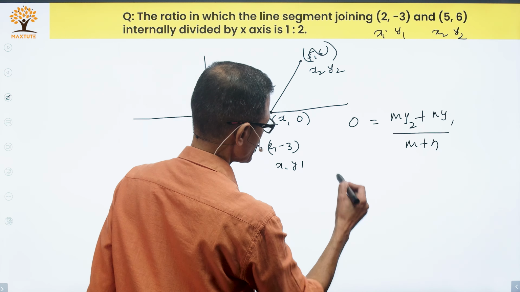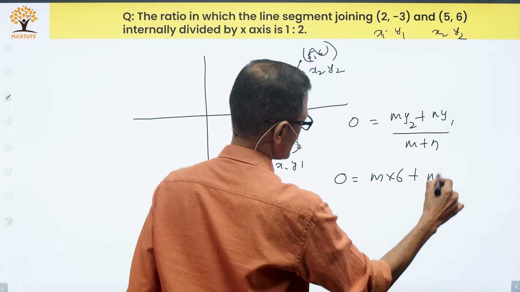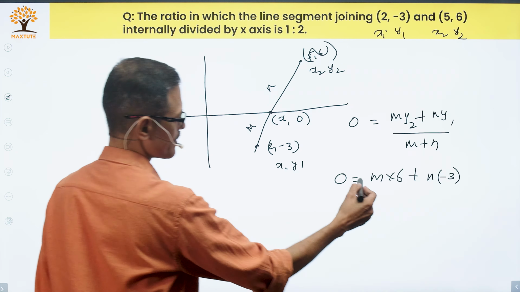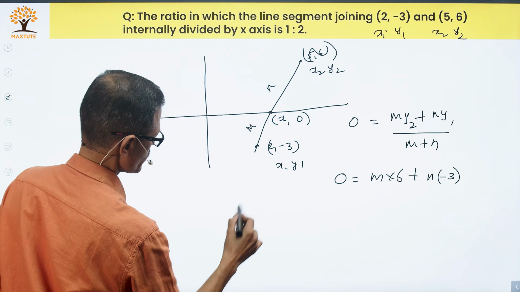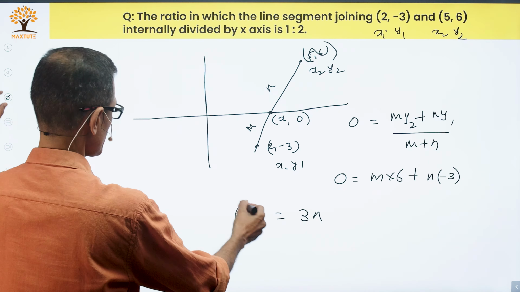So if you cross multiply, you're essentially going to get 0 is equal to m into what is our y2? Y2 is equal to 6, plus n into what is our y1? Y1 is equal to -3. So we're getting 6m minus 3n equals 0. So 6m is equal to 3n is what we have. So what is m by n?